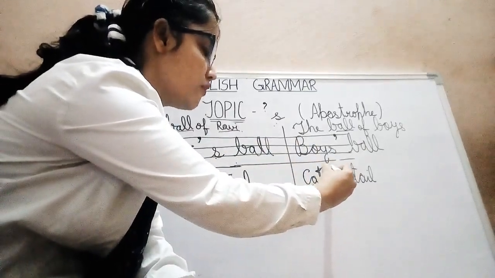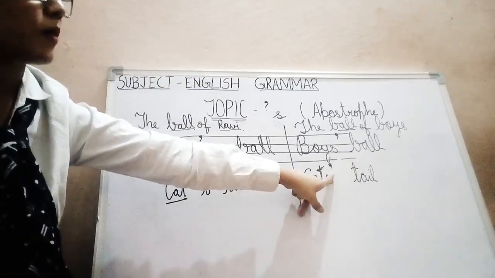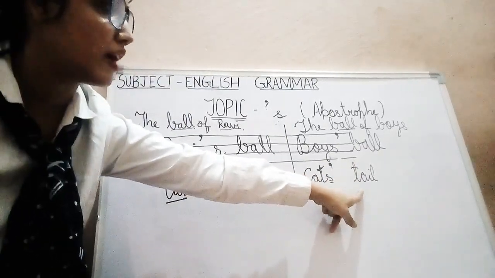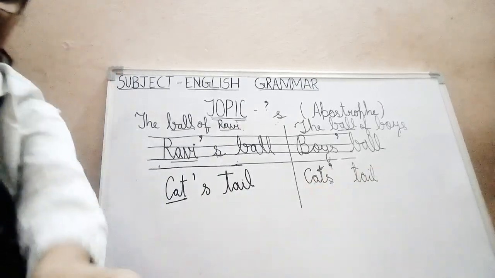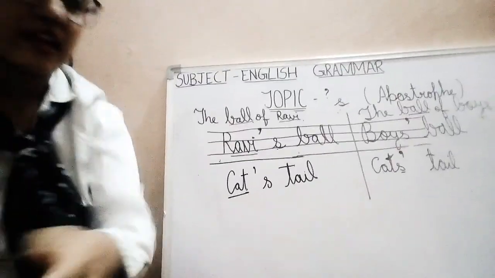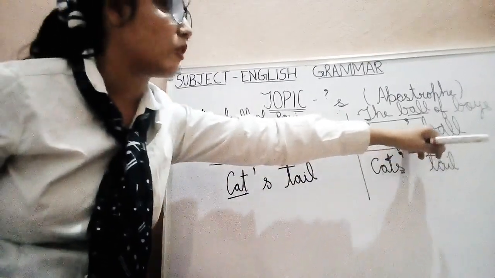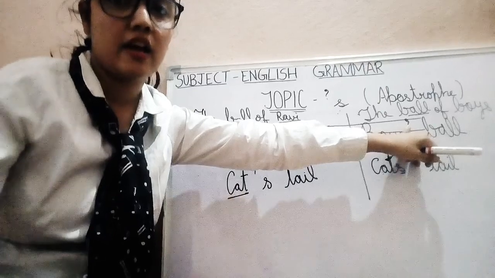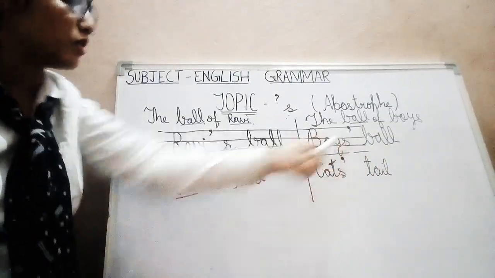Just without any gap, we would simply make this apostrophe sign and we will write the thing which belongs to them. Cats' tail. Okay, let's take some more examples. Now you know how we make the apostrophe sign as per the lines which we have in your English notebooks.